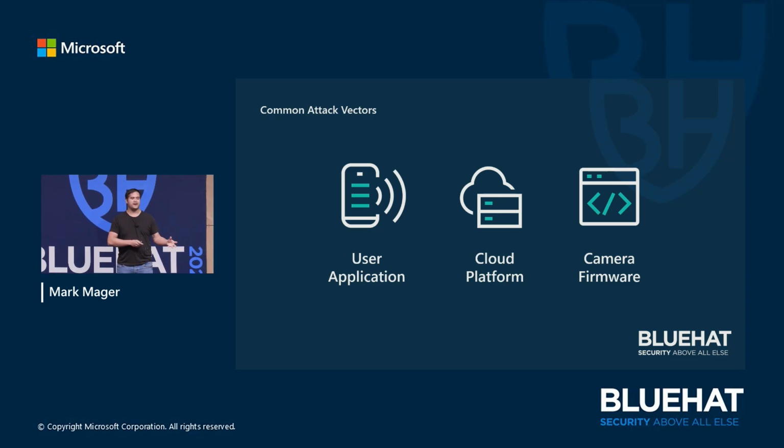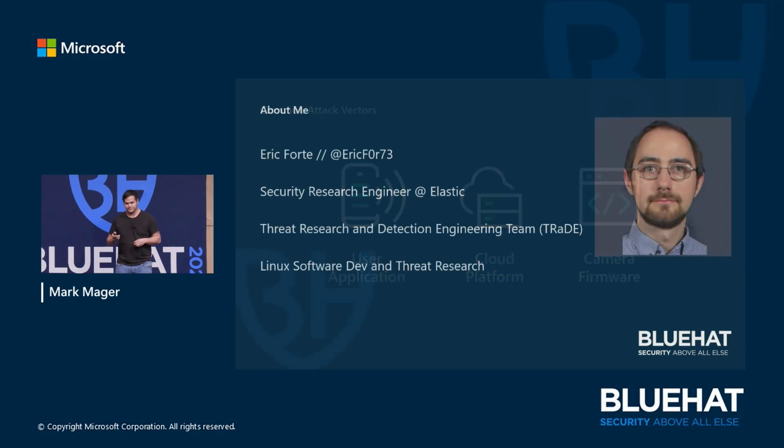So when you extrapolate that out to attack vectors, we have the user application, whether it's the mobile or the desktop version, the cloud platform that connects everything together, and then the actual firmware operating within the device. So as part of our research, we needed to explore all 3 of these vectors extensively in order to get a better idea of what the flaws are within the ecosystem. And Eric is going to be focusing initially on the hardware reconnaissance side of things.